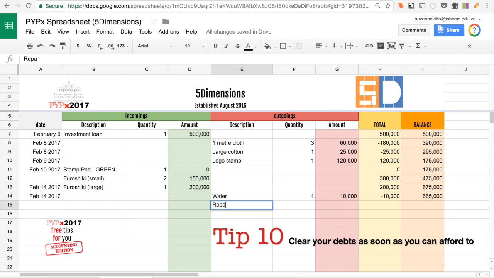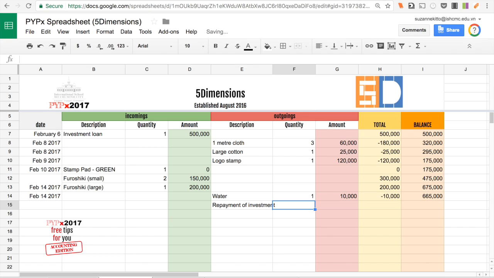So I'm going to say repayment of investment. That was one at 500,000. Again, it does not matter whether you borrowed it from yourself or from your parents. You must make sure that that money is paid back. Nothing is free.